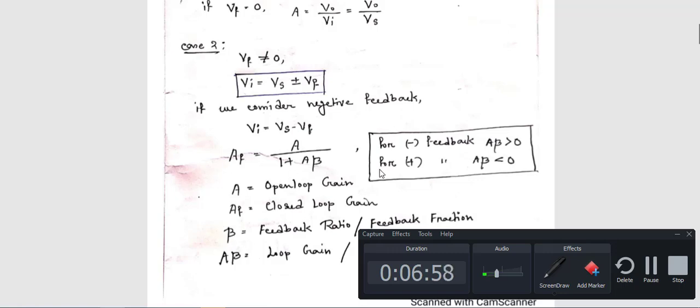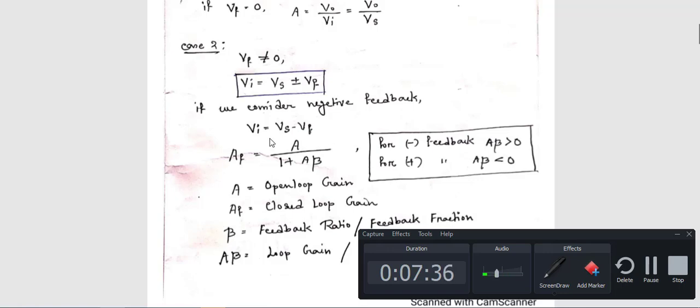Remember that for negative feedback, A beta is greater than 0. Why? This is the closed loop gain of the negative feedback circuit. Say if A beta is equal to minus 1, then minus 1 plus 1 is 0, and something divided by 0 means infinite. That means your gain becomes infinite, which is not done for negative feedback.